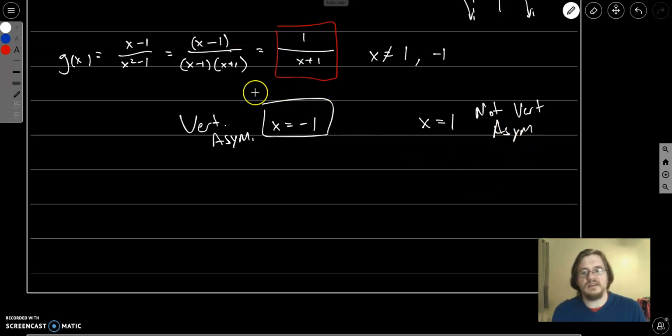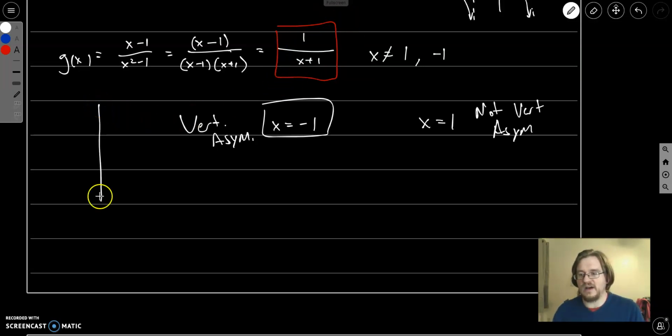So ultimately, even though 1 and negative 1 were dividing by 0 in the original function, so they're not part of the domain, only one of them is a vertical asymptote because I have to cancel my entire function first.